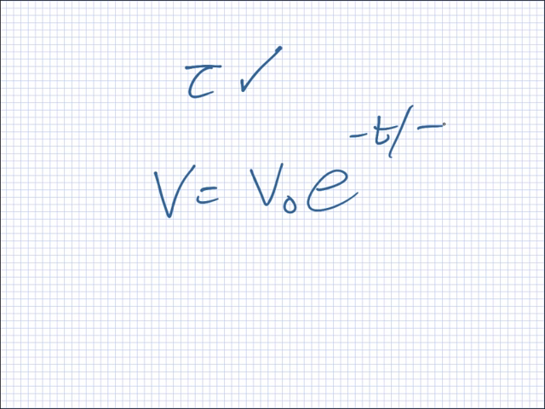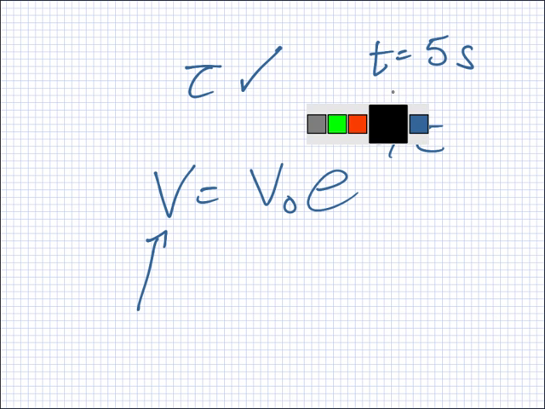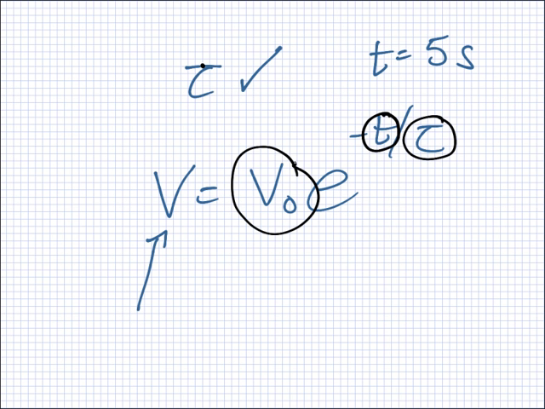After you calculate the tau, you can use this formula to calculate the V. If I ask you the voltage at, let's say, 5 seconds, you just replace the t here with 5, the tau with what you calculated, and V0 is the voltage at the beginning. You can see that in the question. It starts off at 500 microvolts.